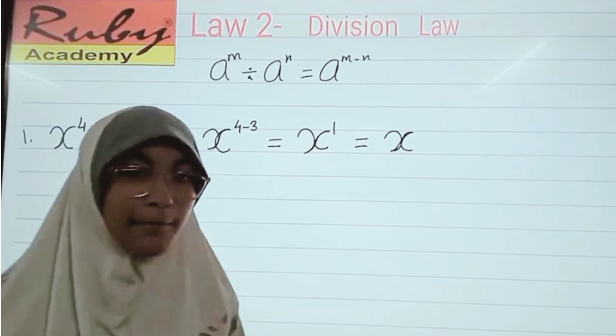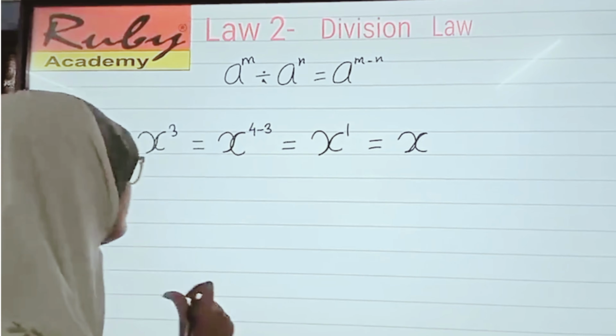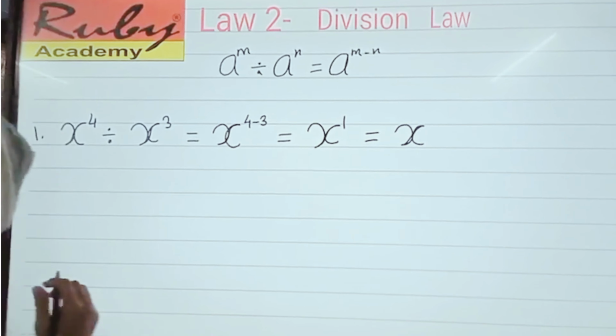Now let's take an example of negative powers. Example 2. Let's take x raised to 3 divided by x raised to minus 7. This is negative 7. So now we have to follow the same method, which is subtracting the powers. So x raised to 3 minus, in bracket, minus 7.